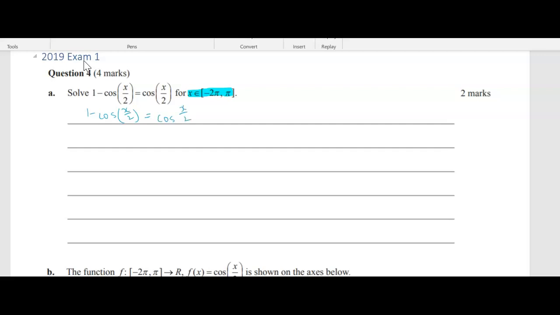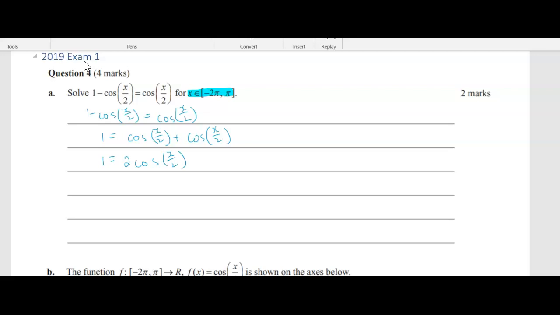All right, so let's just bring the cosines together. So I'm going to have 1 equals cos x on 2 plus cos x on 2. Now I've got 2 lots of cos, so I can just say 1 equals 2 cos x on 2. All right, so when we've got 2 lots of the same thing, it's just 2 times it.